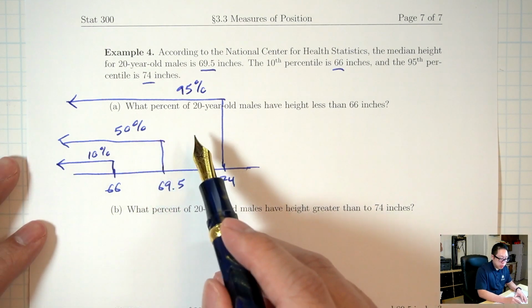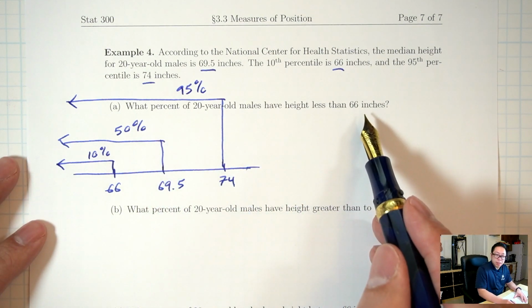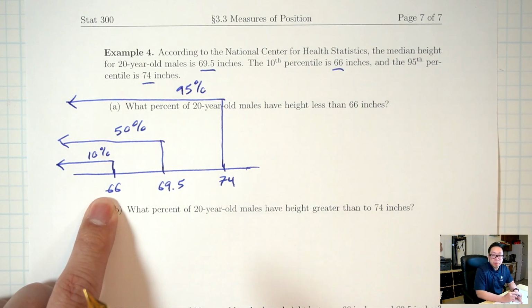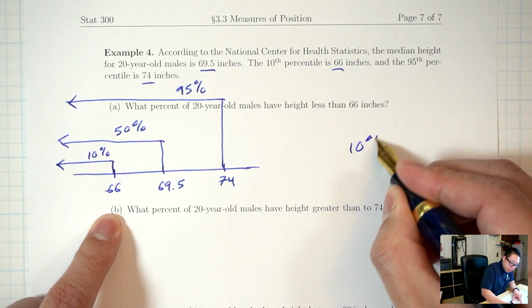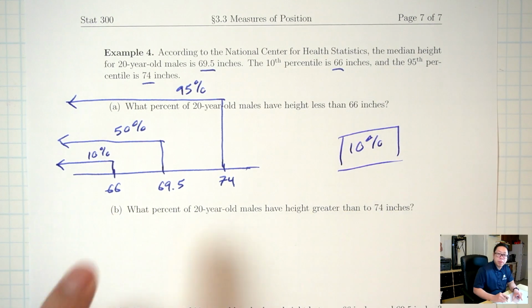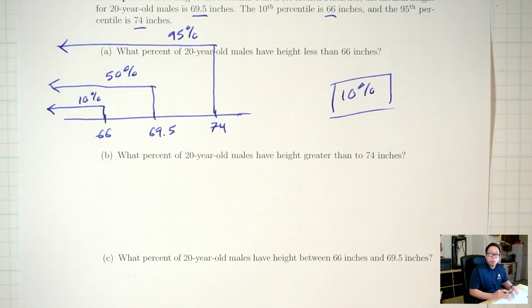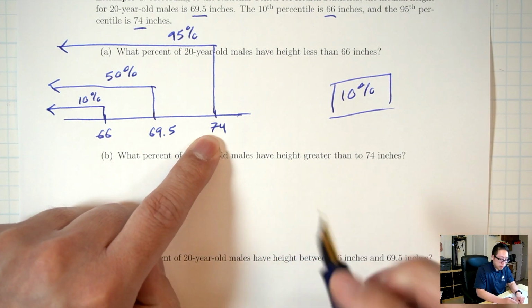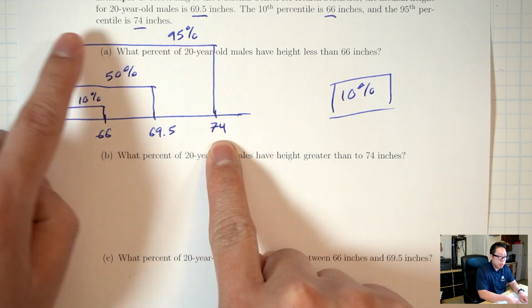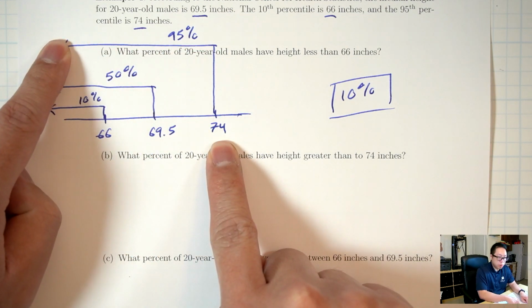Part A, what percent is less than 66? Here's 66. So this is really just asking what percent is to the left of 66. 10%. That was pretty easy. Part B, what percent is greater than 74? Here's 74. Greater than, I went to the right of 74. If I know it's 95% to the left, what percent is to the right? 5%.